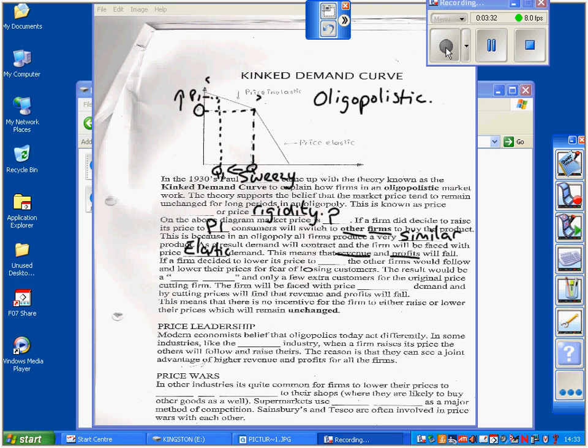If a firm decided to lower its price, let's now show that by falling in price to P2, then that would mean there is only a smaller, proportionately, increase in the quantity demanded to Q2.